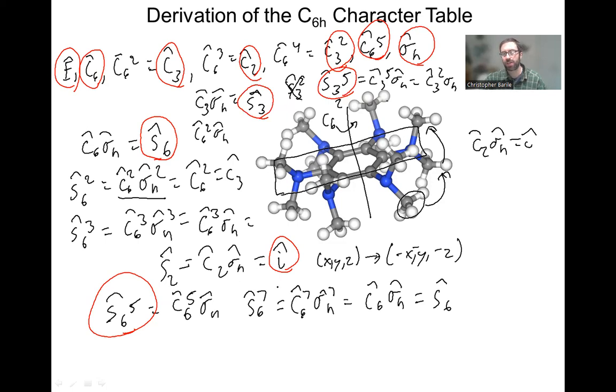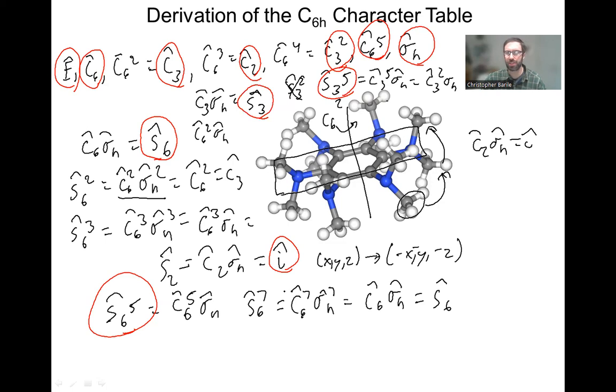And then the next question is, how do we group these into classes? For the CnH point groups, it turns out each operation is always just in its own class. So here we're going to have 12 classes. And there are reasons for that I've talked about in other videos.